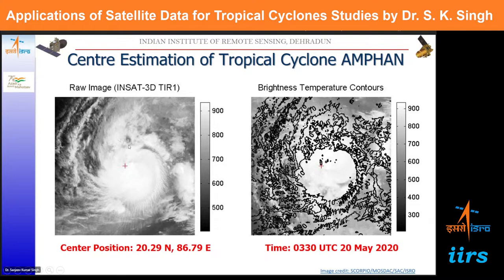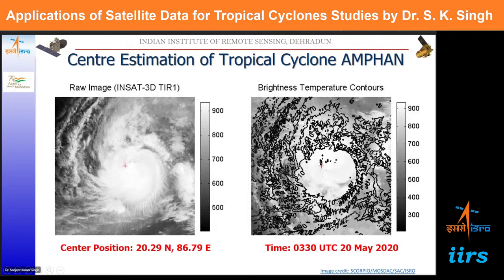So this is the center detection done by this method for the Amphan cyclone. Seeing this image, you cannot identify where the center is, but using the algorithm you can accurately find the center location of the tropical cyclone.